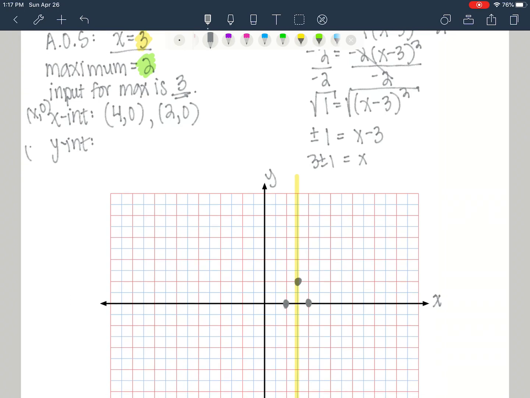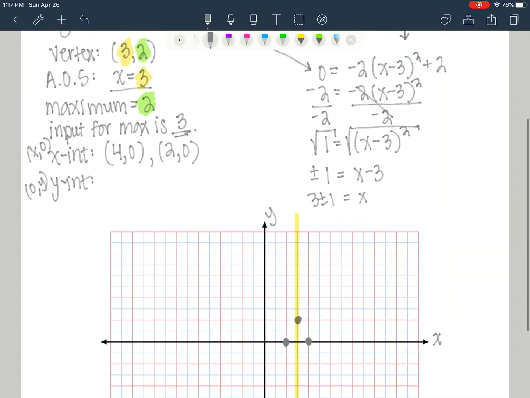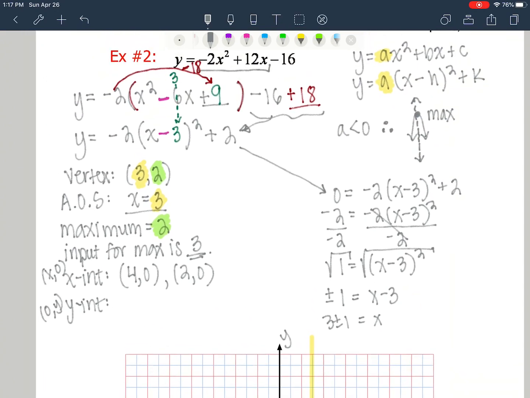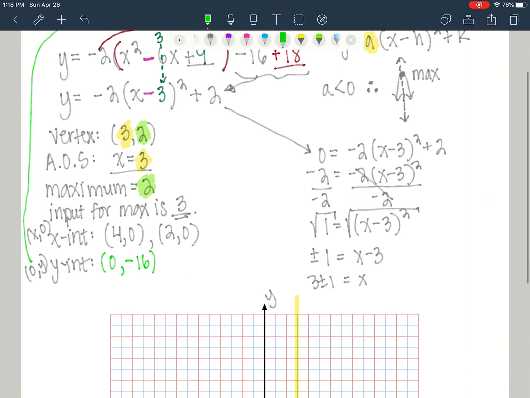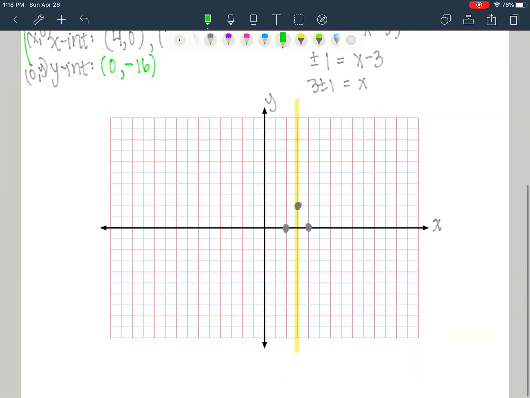My y-intercept is the value of y when x is 0. I go back to my standard form because it's easier to put 0 in for x and find that we have 0, negative 16. Well, that's going to be way down here.